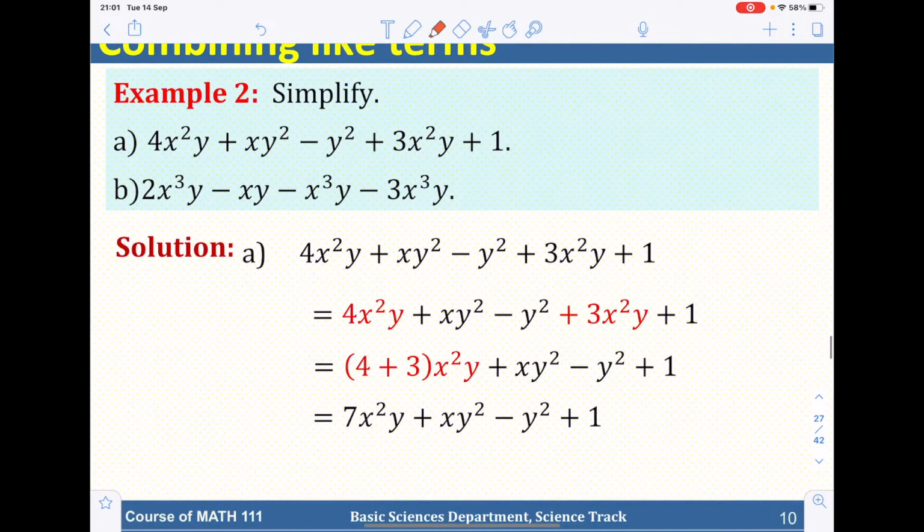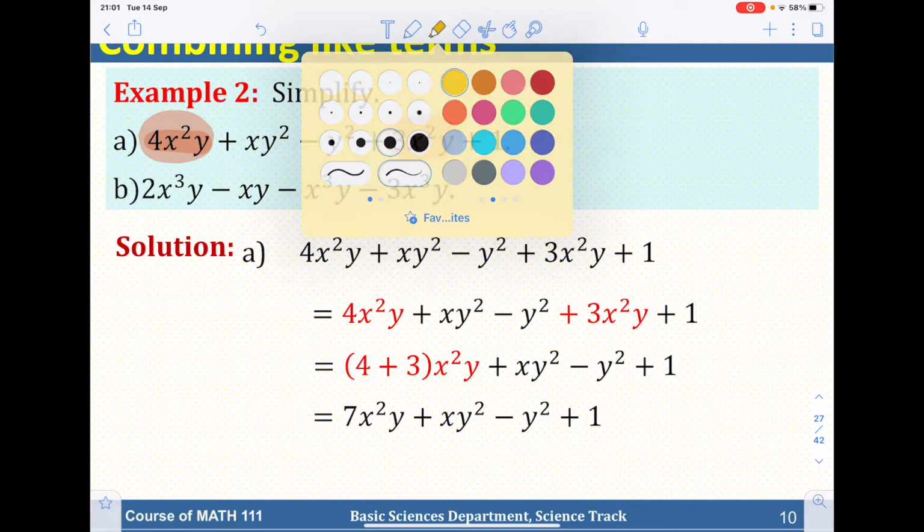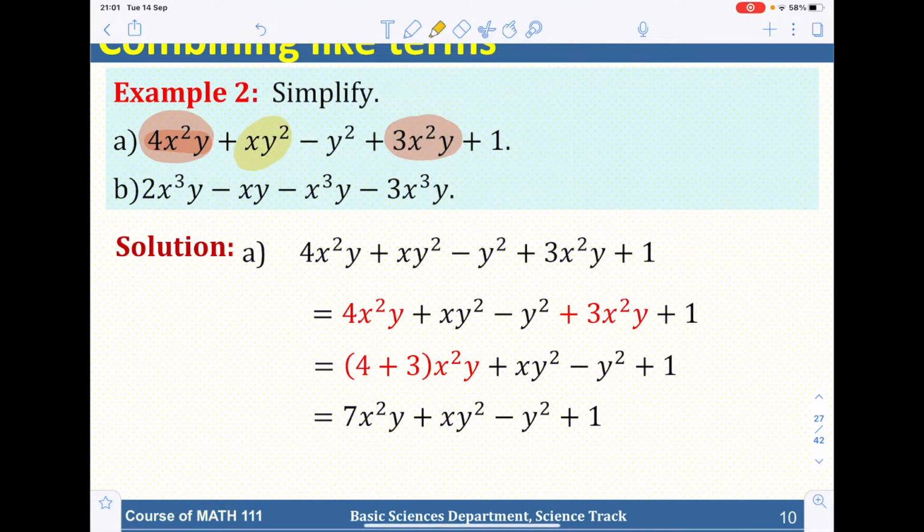Let's see here, we have 4xy, x squared y plus xy squared minus y squared plus 3x squared y plus 1. So I'm going to add the similar terms together. So this term with this term, I will add them together. Okay, and then this one has no other terms to add with, and also this one and this one.